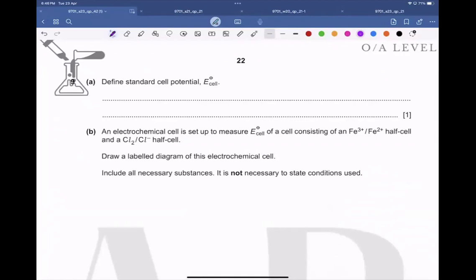Now, question number 9, part A, define the standard cell potential. Okay.